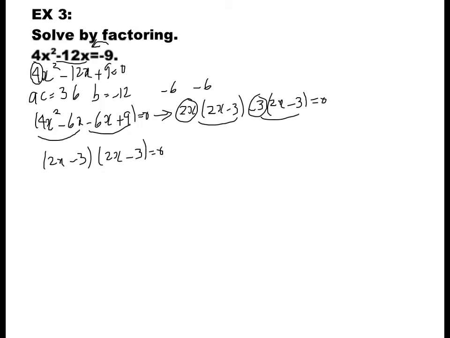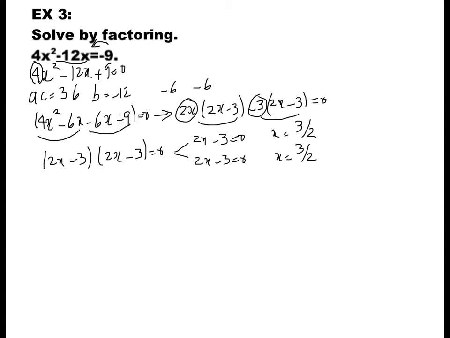This means that the product of two brackets is 0, so each one has to be 0, so 2x minus 3 is equal to 0, so x is 3 over 2, and the next one the same, 2x minus 3 is equal to 0, so x is equal to 3 over 2.